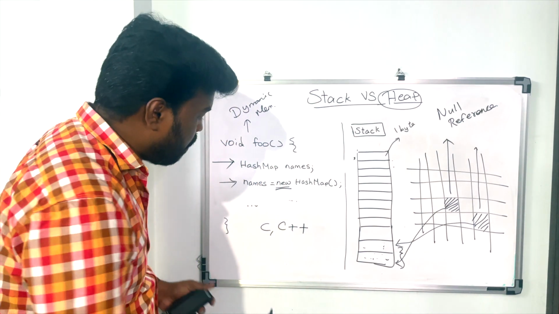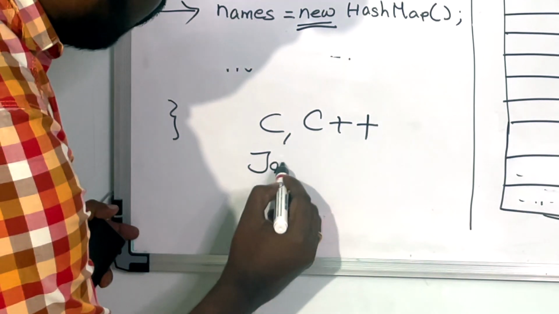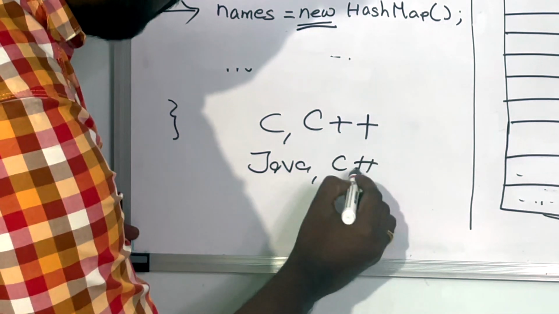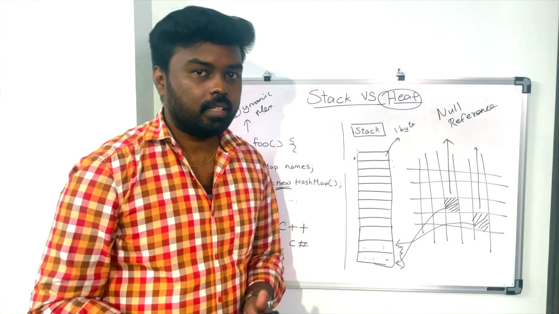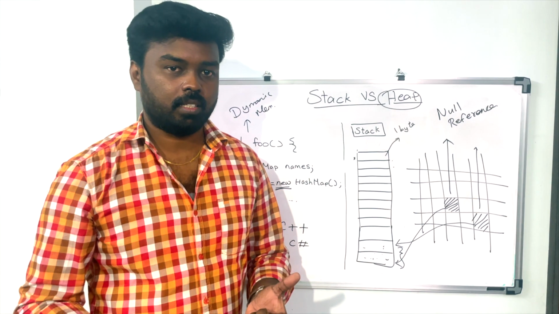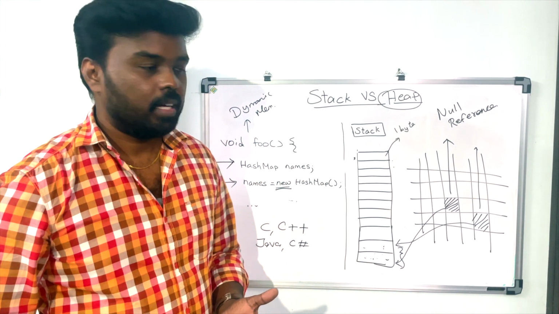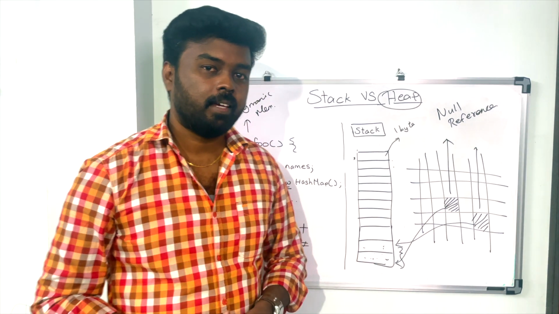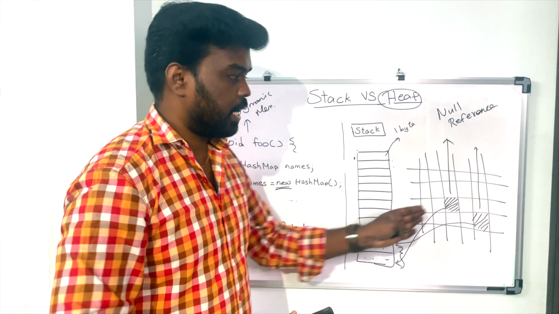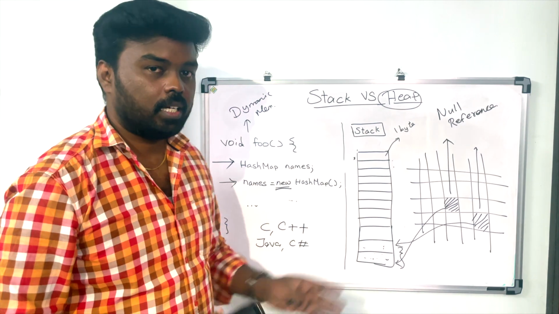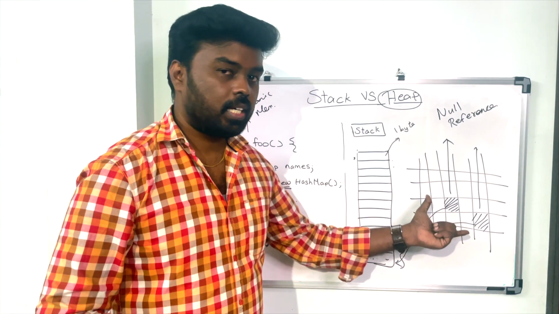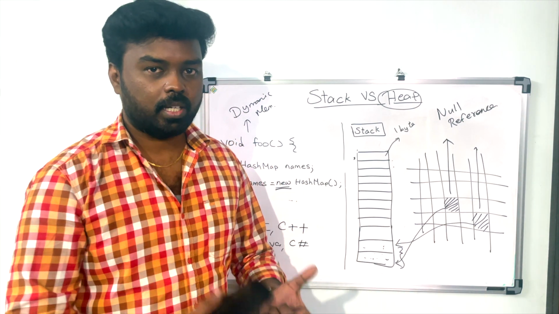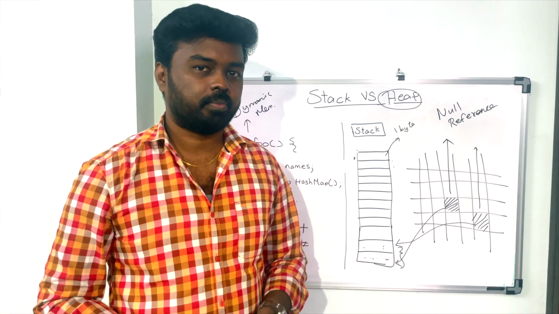But in high-level programming languages like Java or C#, it comes with the runtime, and that runtime comes with a garbage collector. The garbage collector takes care of removing the unused memory from the heap. So that's one of the major differences between the stack and the heap, where stack memory gets deallocated automatically, but in case of the heap, it has to be taken care of by the programmer or the garbage collector.